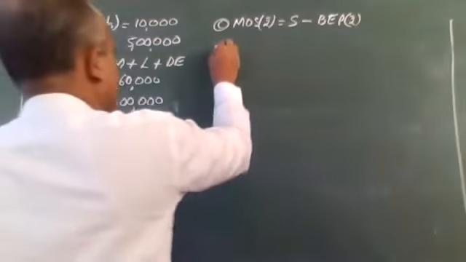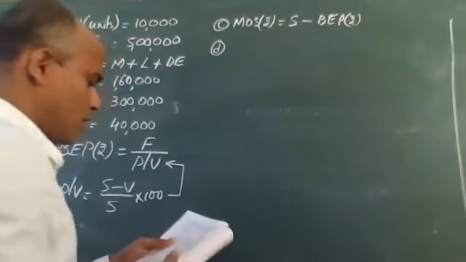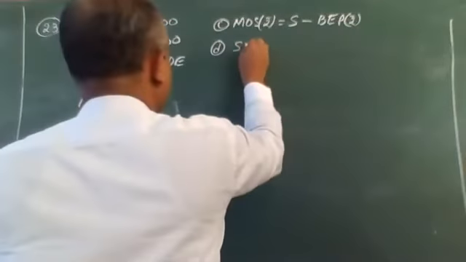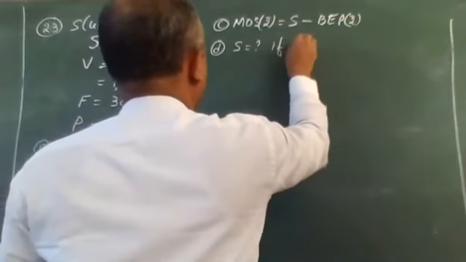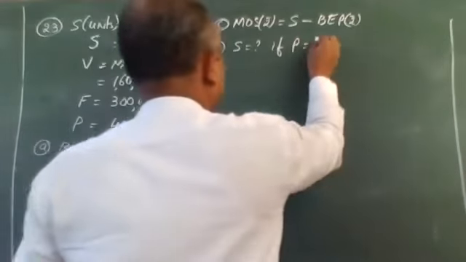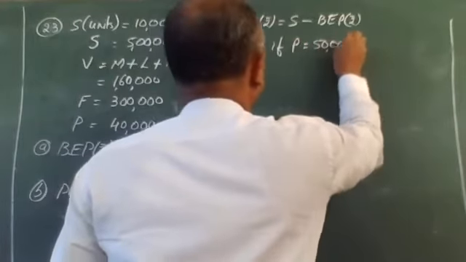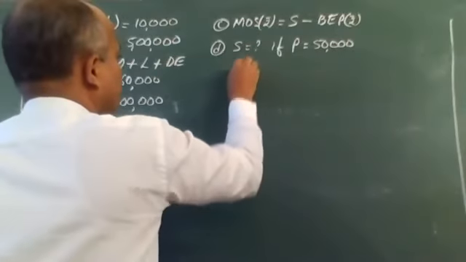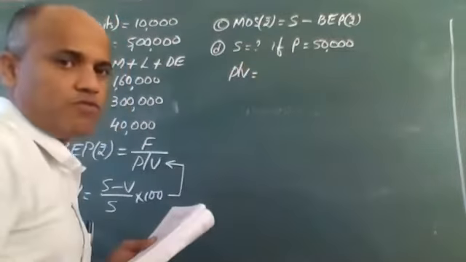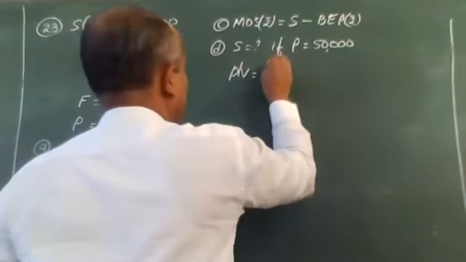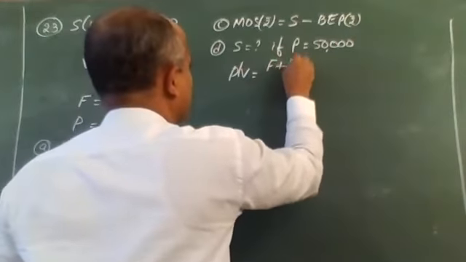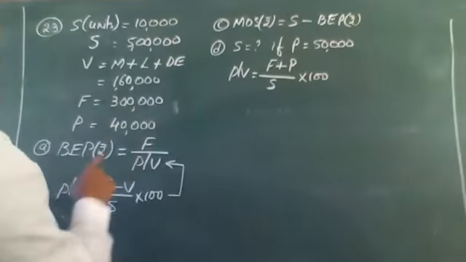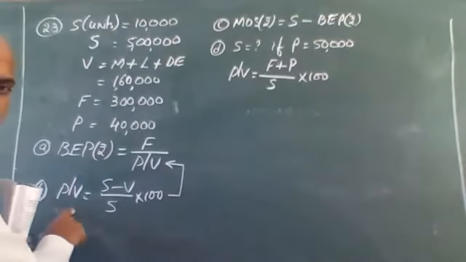Then D bit, it says sales required to earn a profit of 50,000. Sales is how much if profit is 50,000. So guys, sales will be the question mark. Which formula will you use? The missing information formula. What is that? F plus P by S into 100. So PV ratio, you will take the same thing what you get in the second bit.